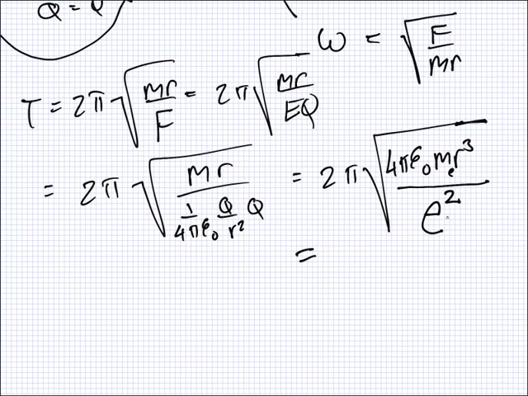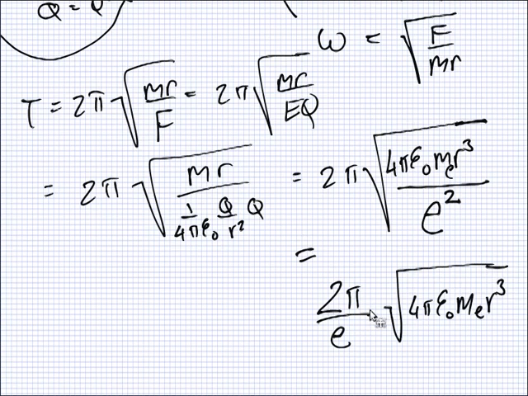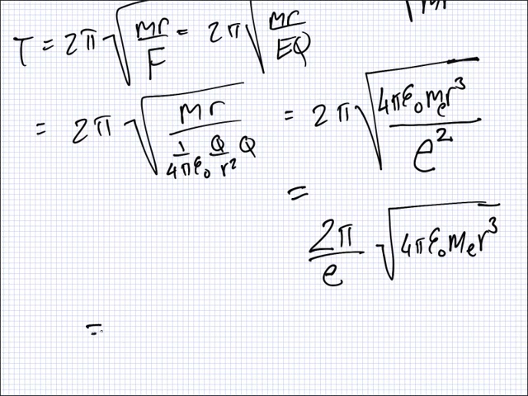Oh, so actually that e squared cancels, so you could actually write it as just 2 pi over e, root 4 pi epsilon 0 m r cubed. I can keep cleaning it up, can't I?